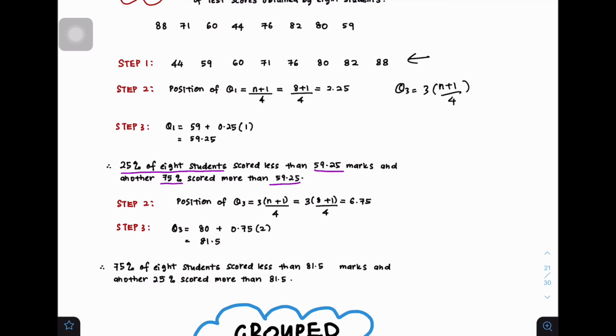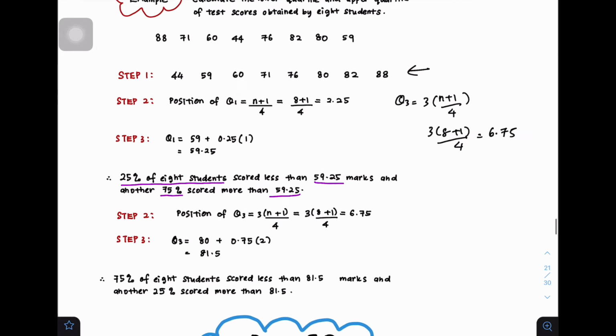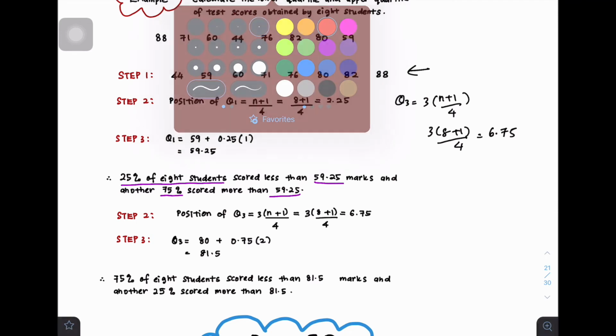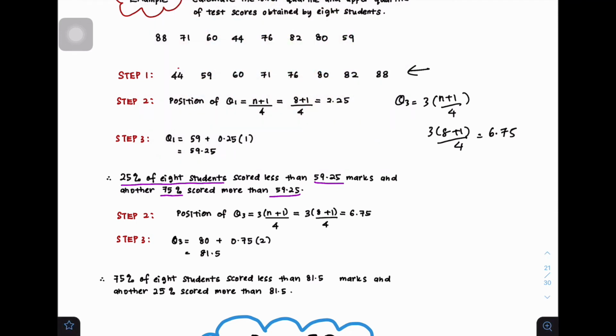So tadi N kita adalah 8. So 8 tambah dengan 1 bahagi dengan 4. So 8 plus 1 is 9 times 3, 27. 27 divided by 4, you will get equal to 6.75. Maksudnya, kita punya Q3 terletak pada position data ke-6.75. Dekat mana data ke-6.75? So, ini data pertama, kedua, ketiga, keempat, kelima, ke-6.